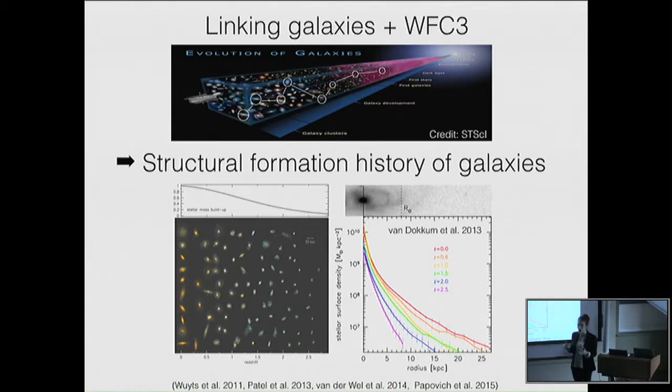And what we saw is that as galaxies build up their stellar mass, they get larger in size, and they get increasingly bulge dominated. We can see that both in their images and their surface brightness profiles. And the question that we want to answer is, how does that happen? So we know structurally how galaxies are evolving, but we want to know how.